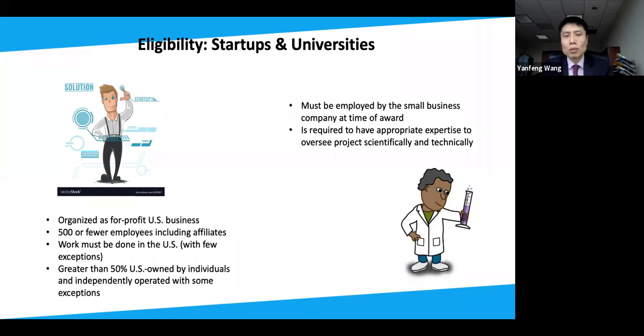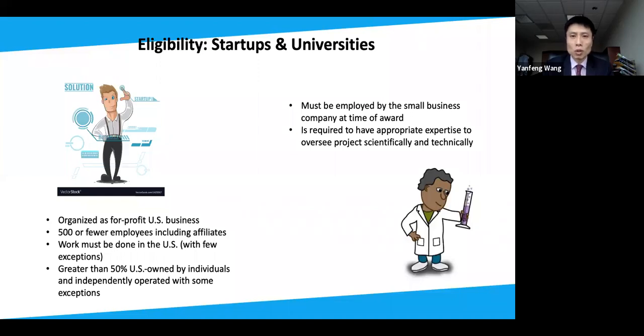Next, let's look at the researcher, or the PI. In order to become the PI for SBIR, you must be employed by the small business when the application is approved. For example, if you are a full-time university professor, you also create your own company and you apply for SBIR.